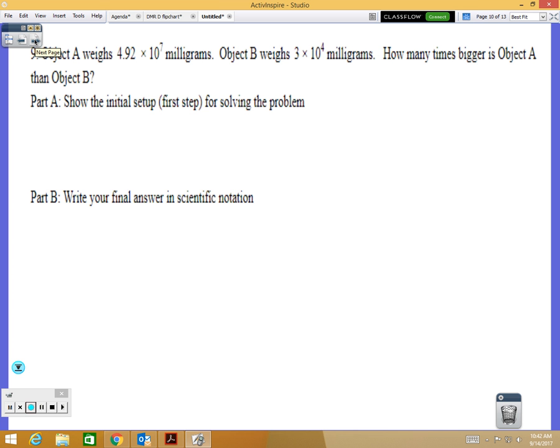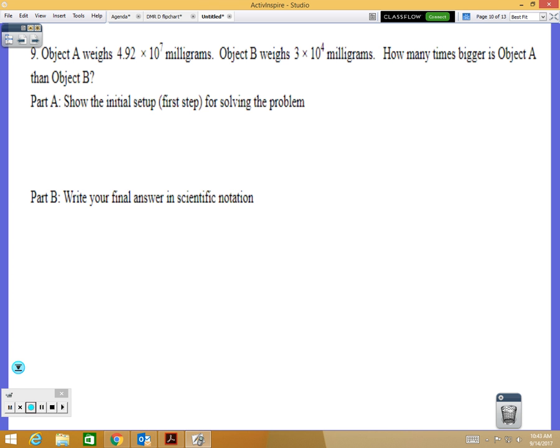So in number 9, you can see it has 2 parts. That means it's going to be worth more than 1 point. It says object A weighs 4.92 times 10 to the 7th milligrams. Object B weighs 3 times 10 to the 4th milligrams. How many times bigger is object A than object B? How many times bigger? We did problems like that. How many times bigger is this or that on those word problems? And those are your dividing problems.